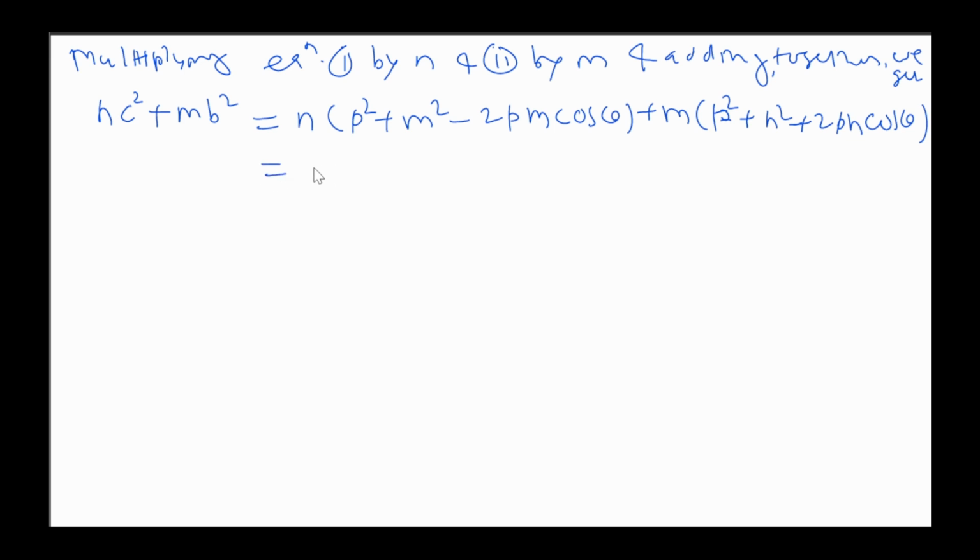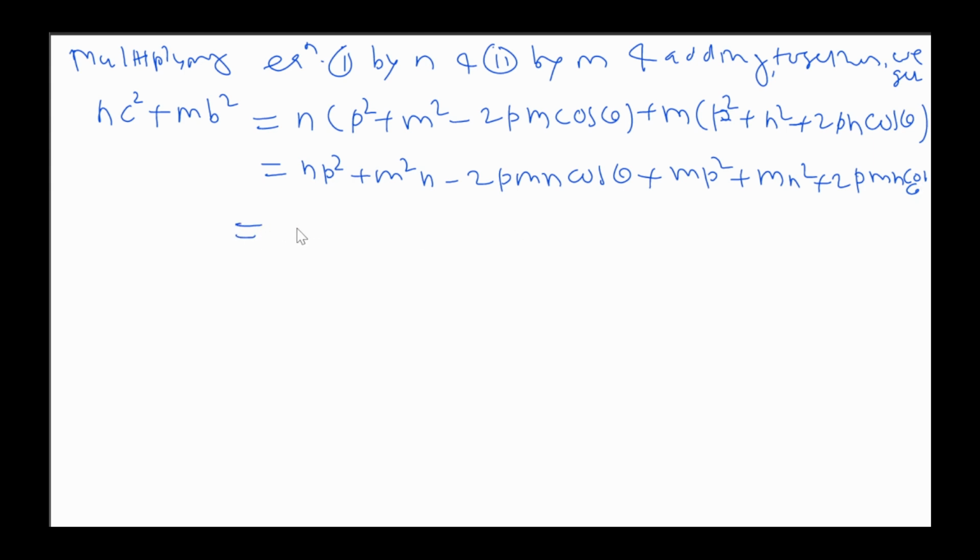That is equal to np square plus m square n minus 2pmn cos theta plus mp square plus mn square plus 2pmn cos theta.